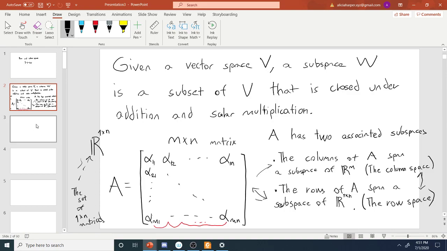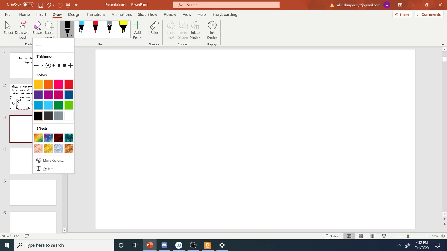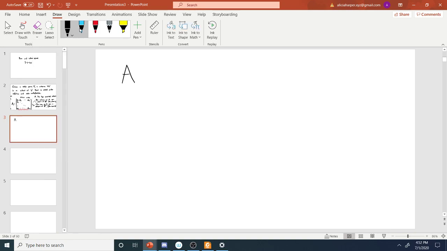So let's start with a simple example. I'm going to consider the following matrix. A is equal to 1, 2, 3, and then 2, how about 2, 5, 4.